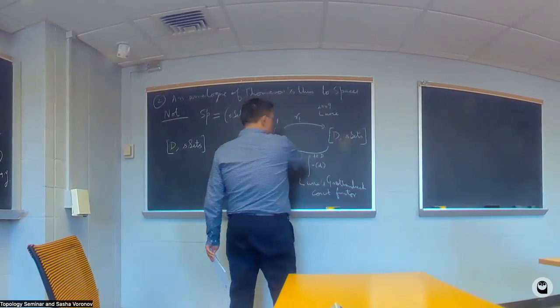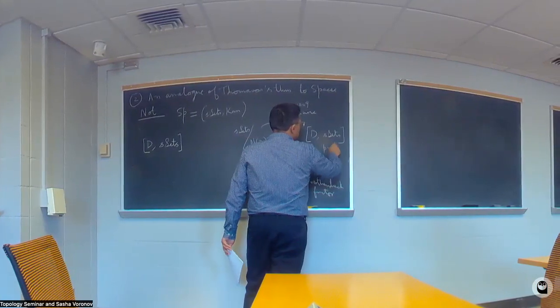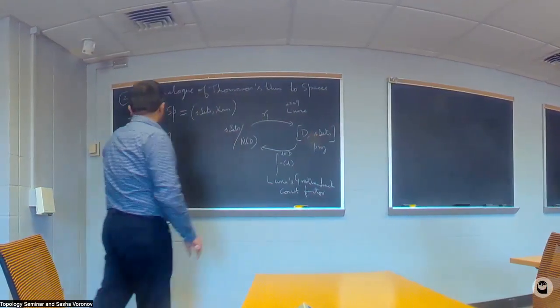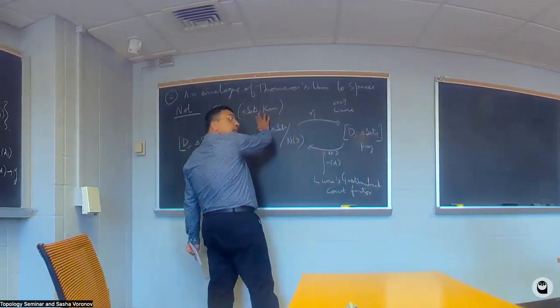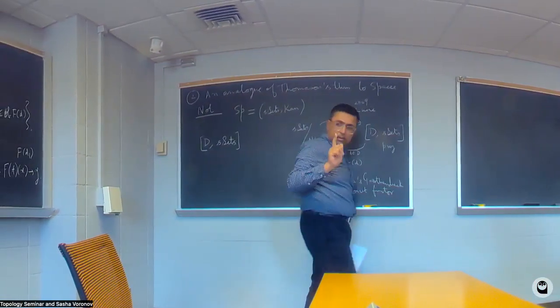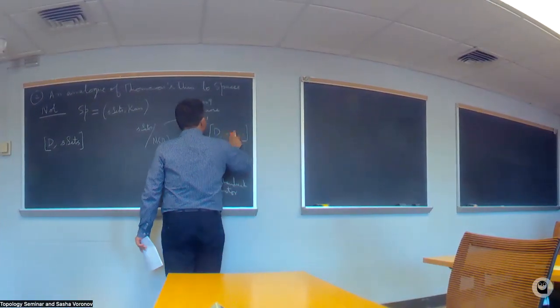Now, I'd like to put some model category structures on these. This has the projective model category structure. We are in spaces, so this here is really this model category. Simplicial sets. Maybe I should change this, I intended to write SP there.